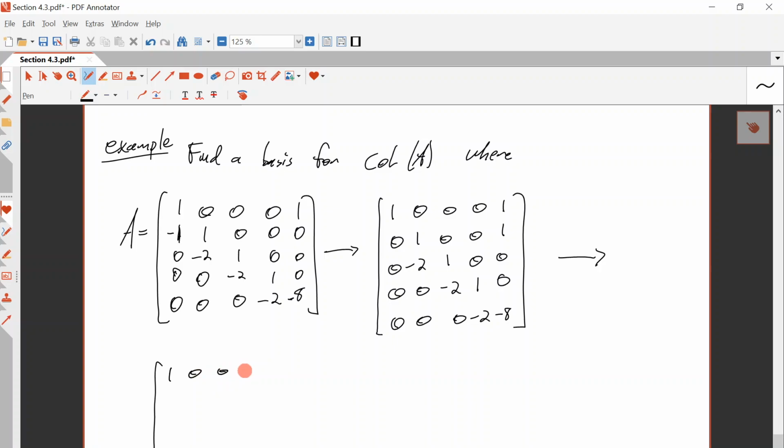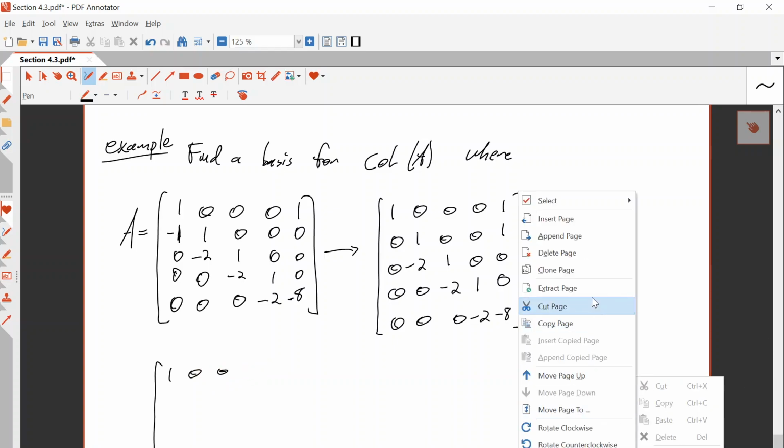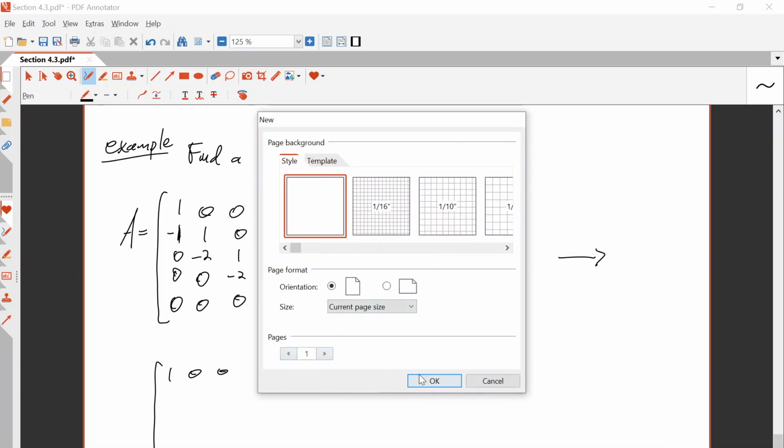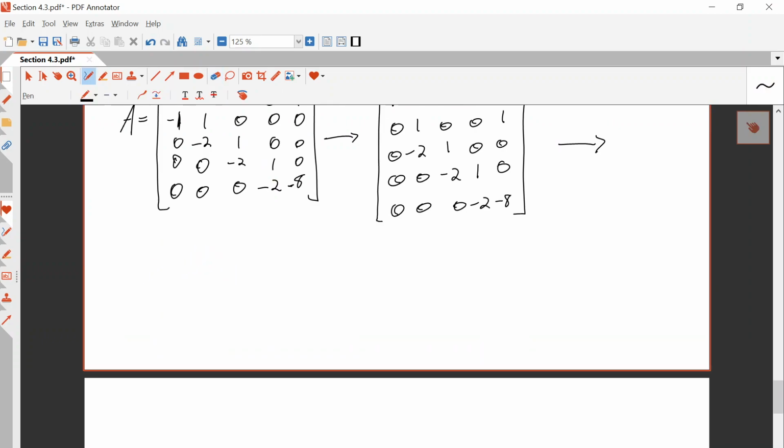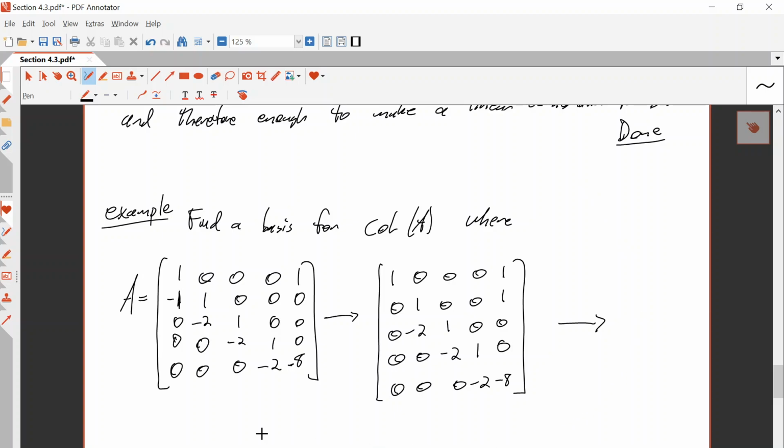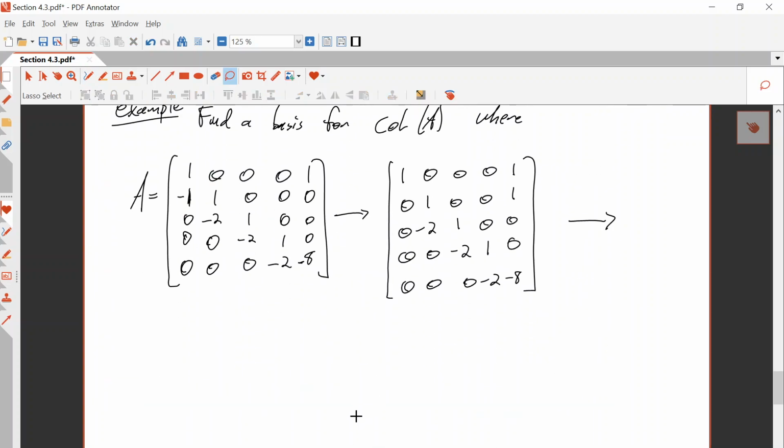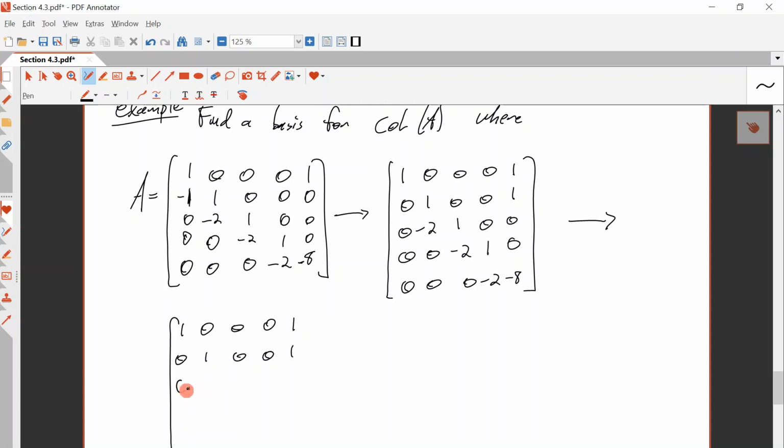That gives 1, 0, 0, 0, 1; 0, 1, 0, 0, 1; 0, 0, 1, 0, 2; 0, 0, -2, 1, 0; 0, 0, 0, -2, -8.